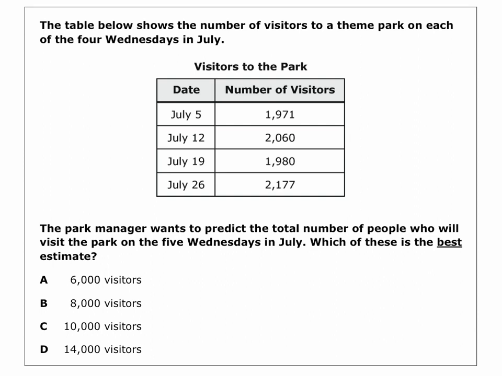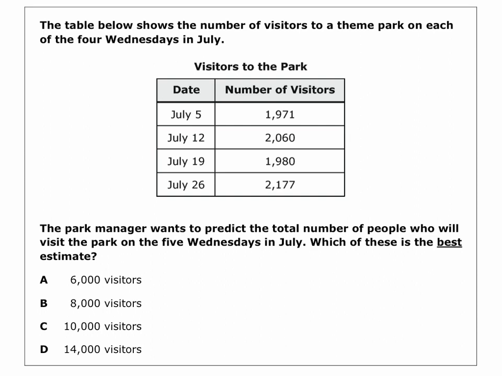So the total number of people in all 5 Wednesdays, if you look at this table, if you look at the numbers for each Wednesday under the number of visitors column, all of those numbers are really close and within about 100 of 2,000.